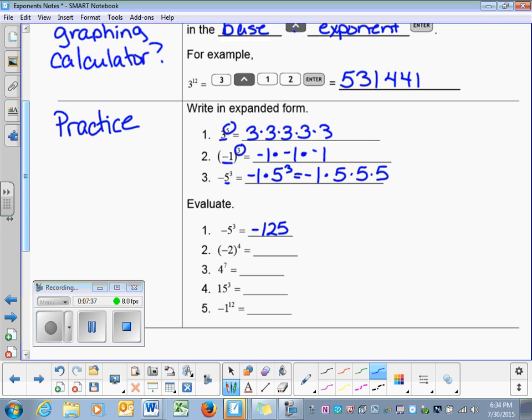Okay, so parenthesis, negative 2, close the parenthesis, exponent 4, positive 16. 4, exponent key 7, 16,384. 15, exponent key 3, 3,375. Negative 1, exponent 12, negative 1. All right, take a minute and write a summary, please, and then we have a lot of practice for you.